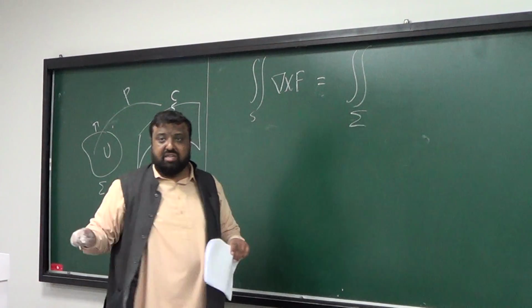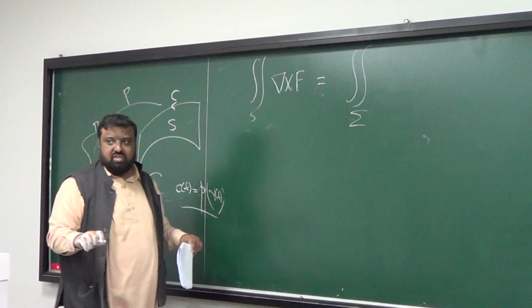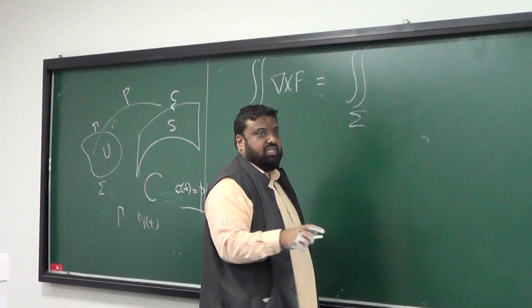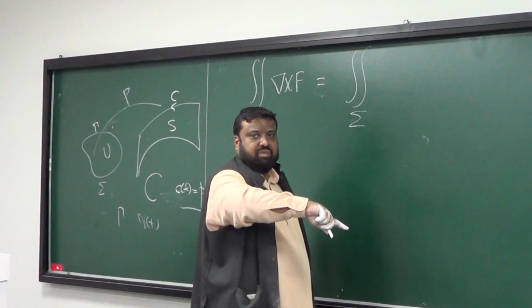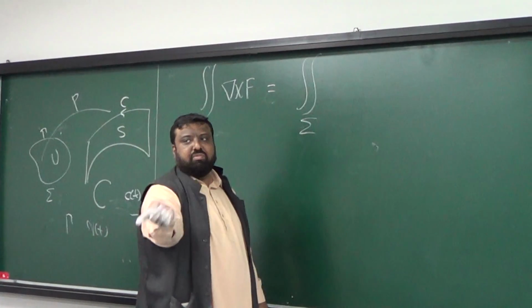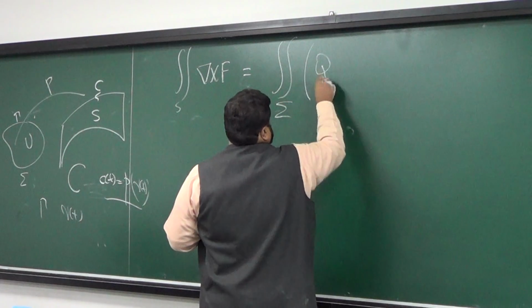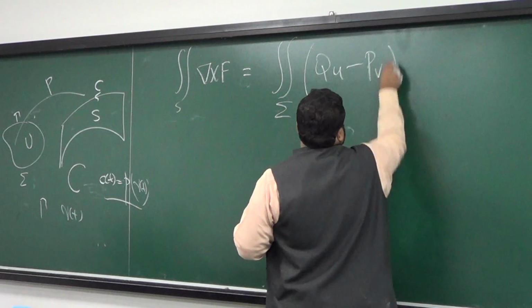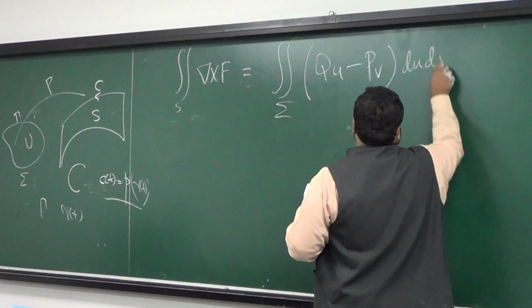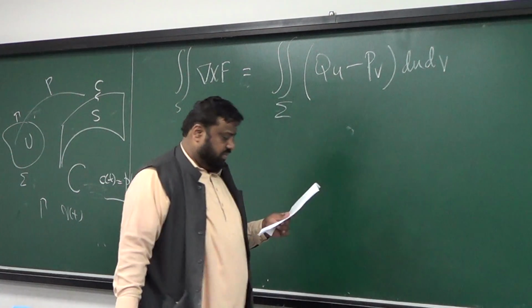Let's define sigma as the domain including the boundary, not the surface, because you are choosing u and v from there. And you have Q_u minus P_v, du dv.